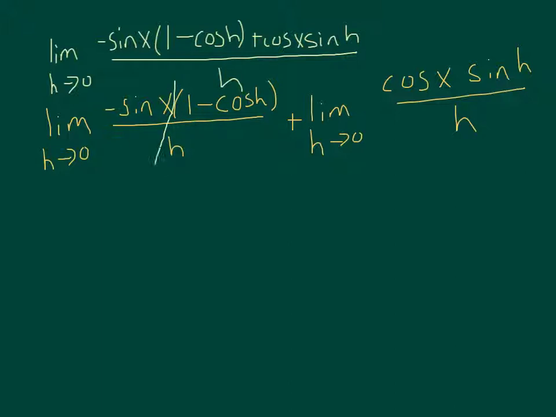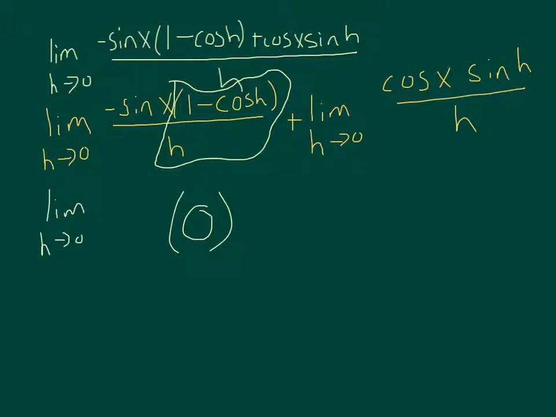There are a couple cool things that happen here. The first is I have one of my special trig limits: the limit as h approaches 0 of 1 minus cosine h over h. That's going to turn into a big 0. And when multiplied times negative sine x, that whole first term is going to go away.